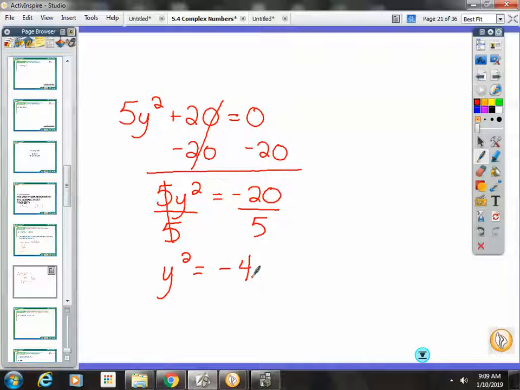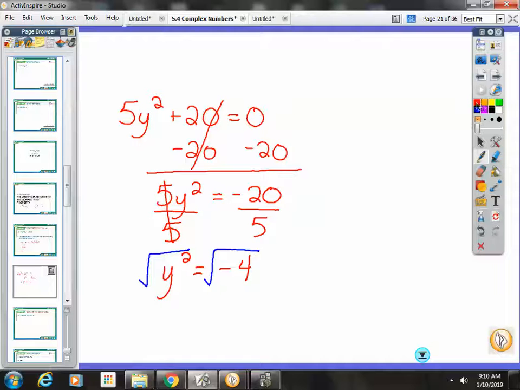Take the square root. So what I'm going to do is take the square root of both sides of my equation. That's something we haven't talked about a whole lot. To get rid of a square, we would take the square root. Anybody know how we would get rid of a cube? We would take the cube root. Okay, to get rid of the fourth power, we would take the fourth root. We'll talk more about that later on.